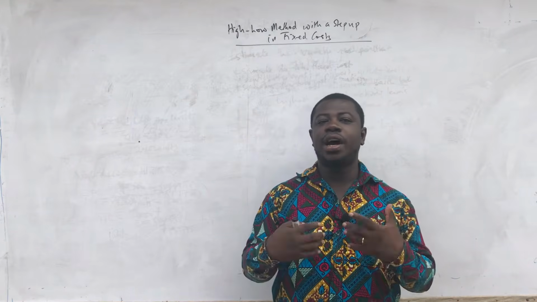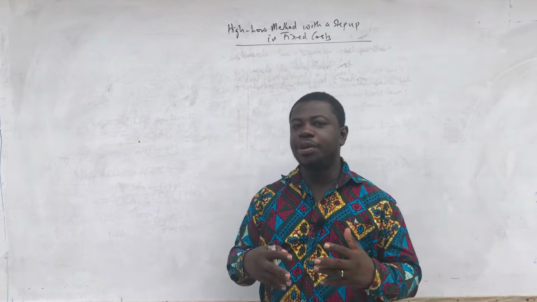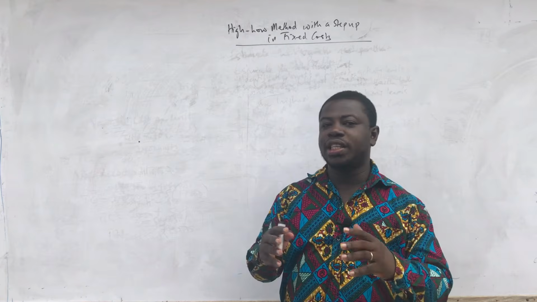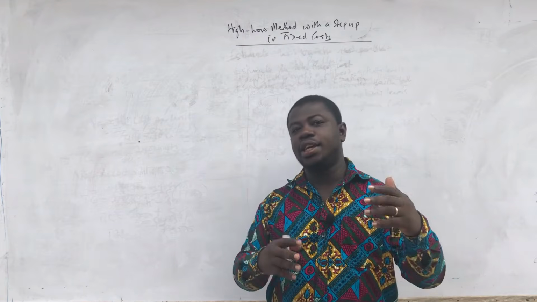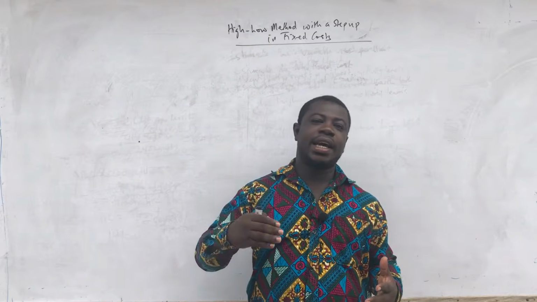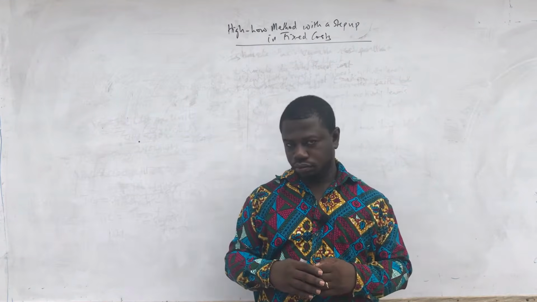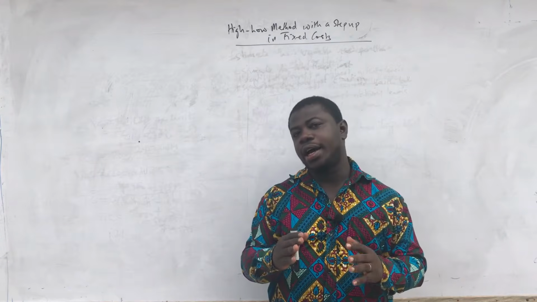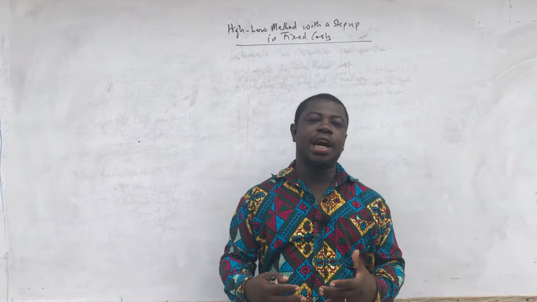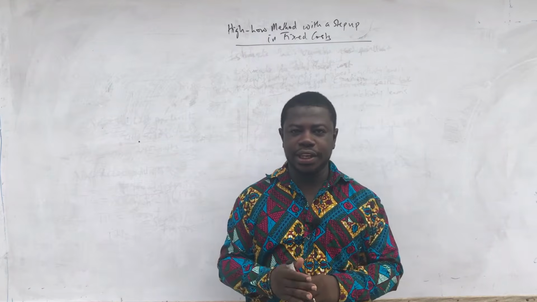And therefore, if you are asked to use the high-low method to segregate the cost, it may be difficult because the two activity levels, which is the highest and the lowest, may not have the same fixed cost, in a sense that the highest activity level may have exceeded the relevant range. And then we have to find a way to find a variable cost per unit even in that situation.